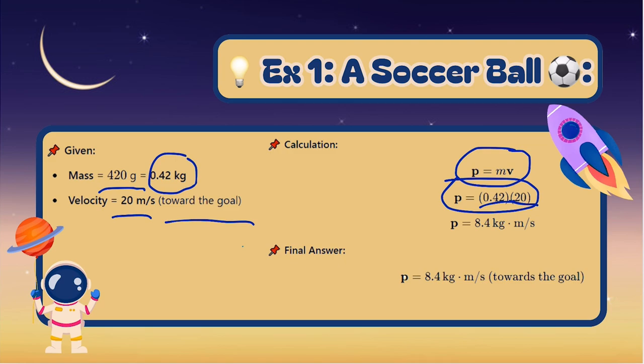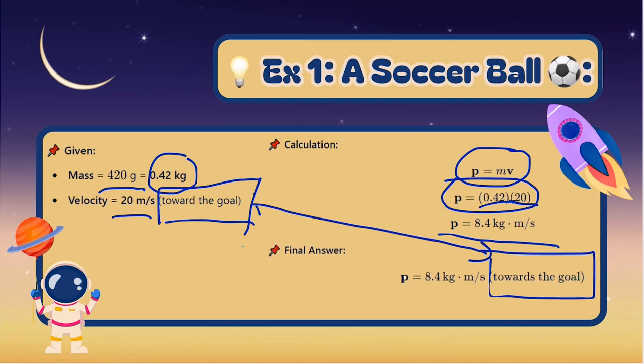All right. And the answer becomes 8.4 kg meters per second. But we need to include the direction because that is the same for the velocity and momentum.